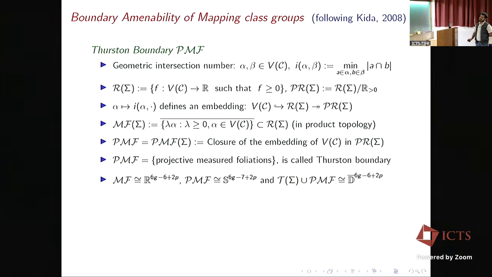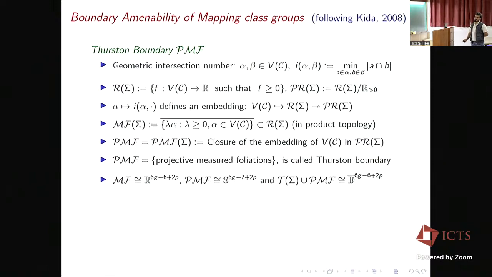So the definition of MF sigma, the measured foliations, is that you consider the elements alpha from the vertex set, consider all their multiples lambda alpha. Via this embedding it lies here, and you take the closure of that set with this topology.